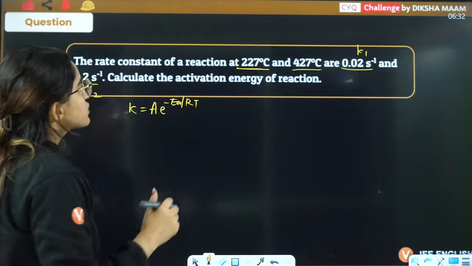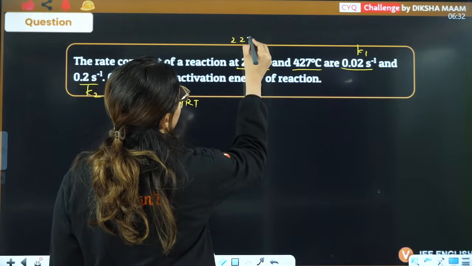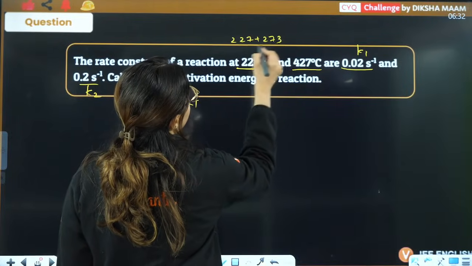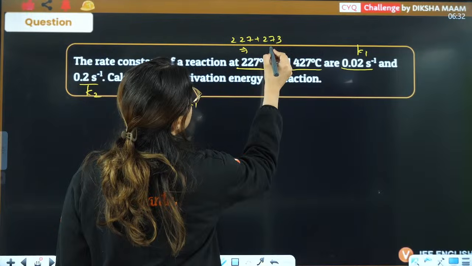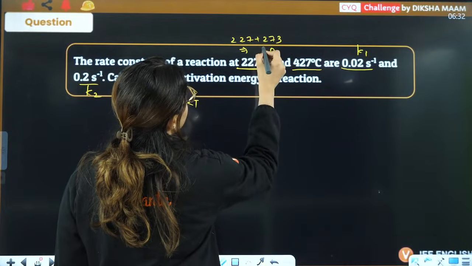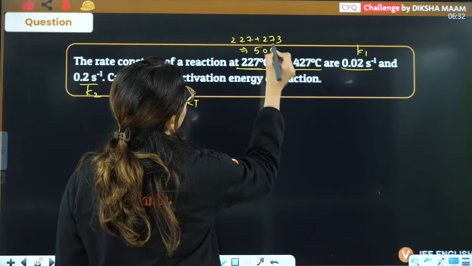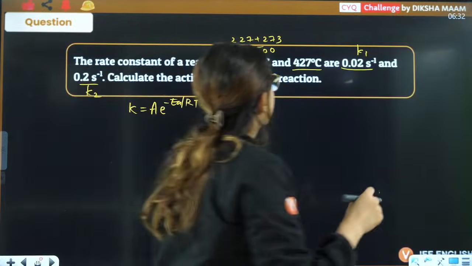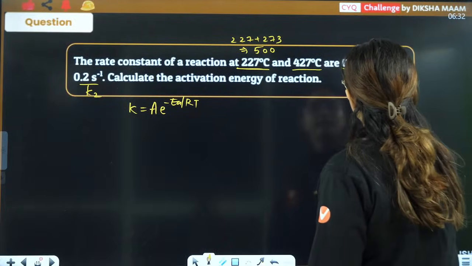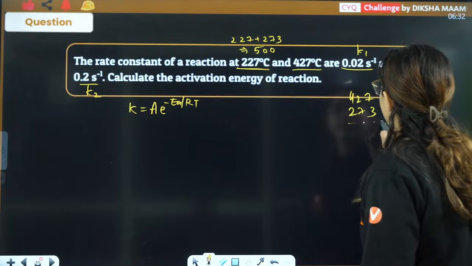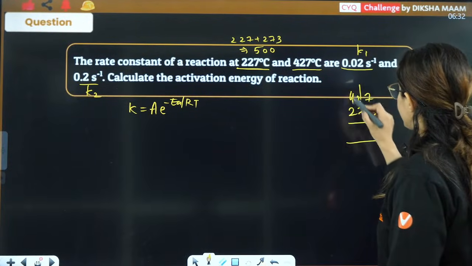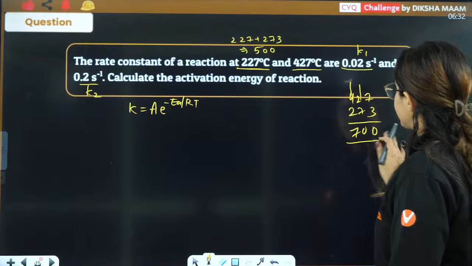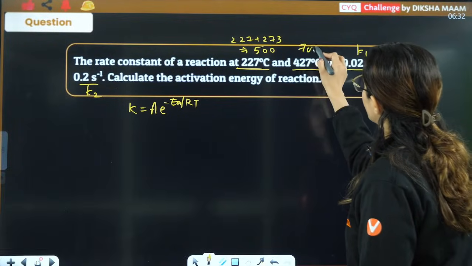So 227 plus 273, that is going to be 500 Kelvin. And here it is 427 plus 273, which is 700 Kelvin.